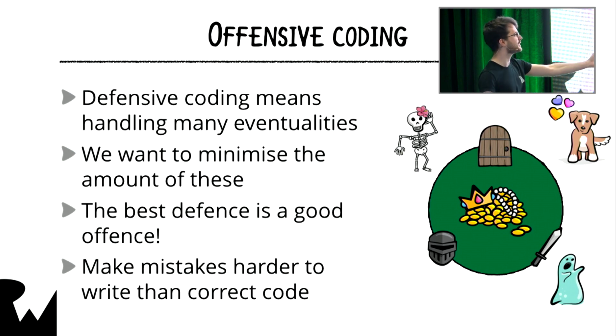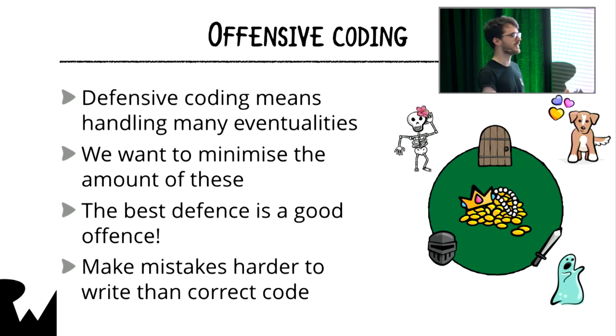So we have this beautiful diagram here that I really quickly threw together. The treasure in the middle is our app, and this is what we want to protect from the outside world. We want to protect it from the scary ghosts. We want to protect it from the rather pretty-looking skeletons. But we also want to protect it from the cute dogs, because in this case, the cute dog is not our own dog.